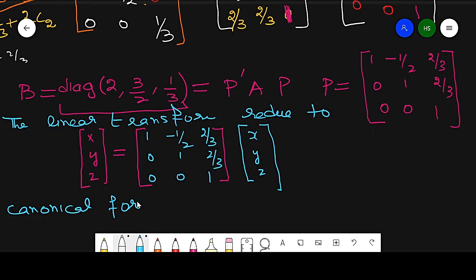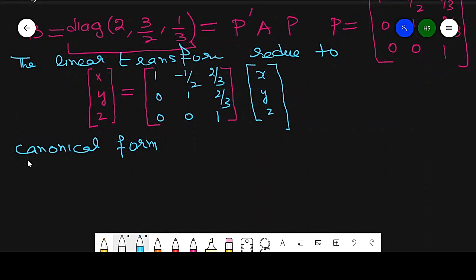So what is the canonical form? That is 2x dash square plus 3 by 2 y dash square plus 1 by 3 z dash square.